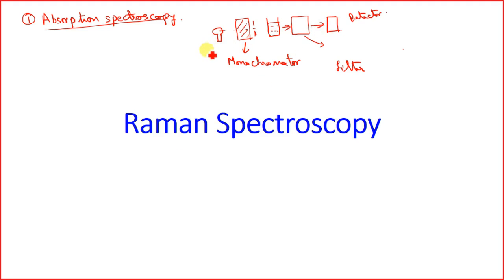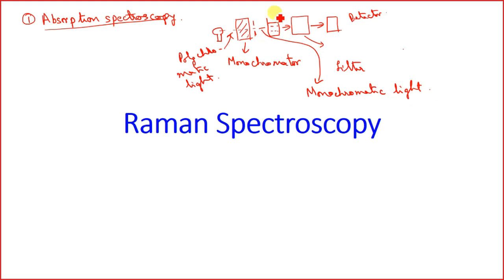So here we are getting polychromatic light. Then we have the monochromator, which changes the light into monochromatic light. Then we have the sample, and then we have a filter system to filter out some unwanted noise. And then we have the detector.